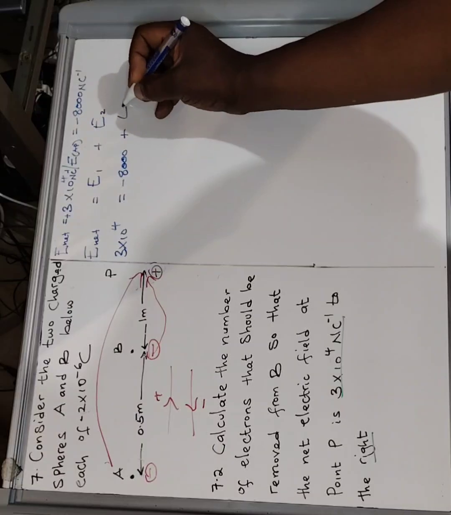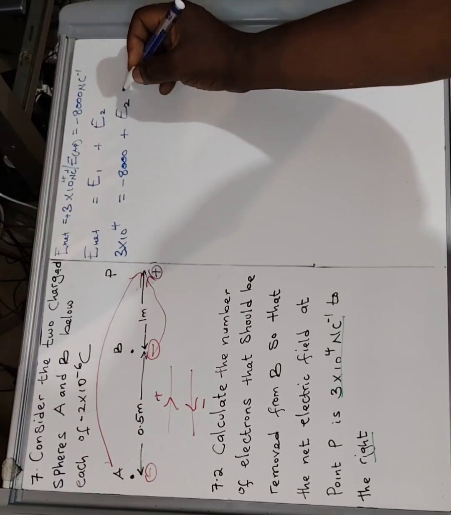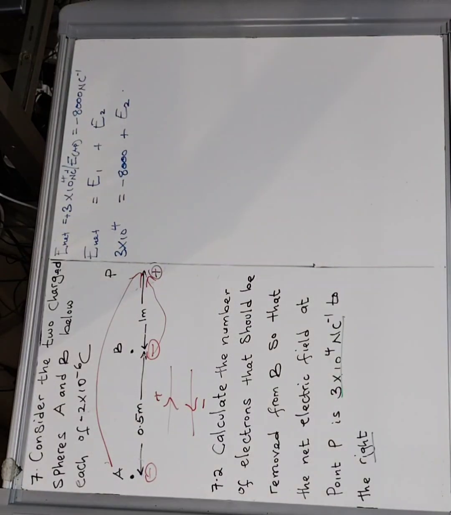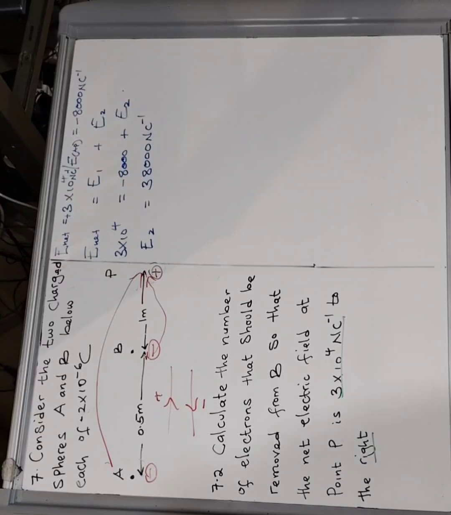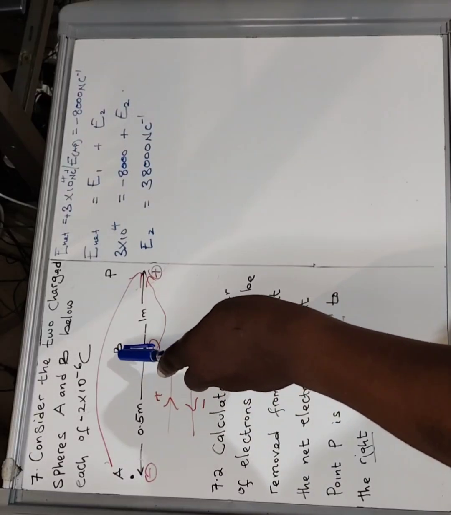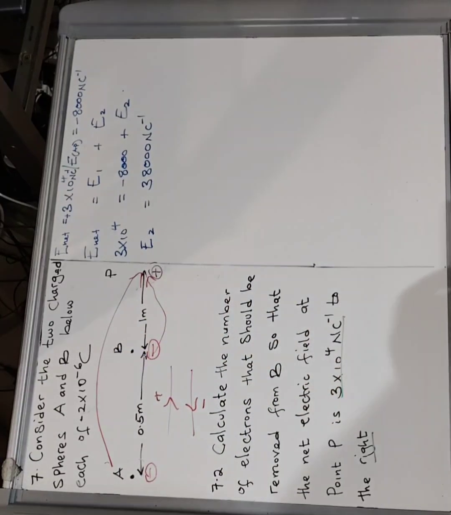And now we know E2. So E2 we can get through rearrangement. Yeah, there comes our E2, where E2 represents the electric field at P due to B.